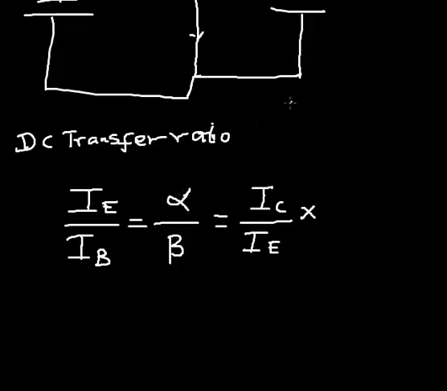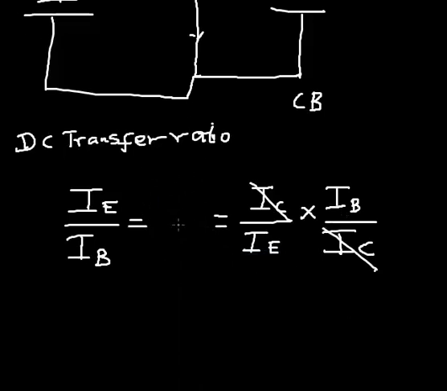Alpha is for common base. So you know how it actually happens, so that I'm going to have IC over IE times IB over IC. So this cancels, and I'm going to have IB over IE.